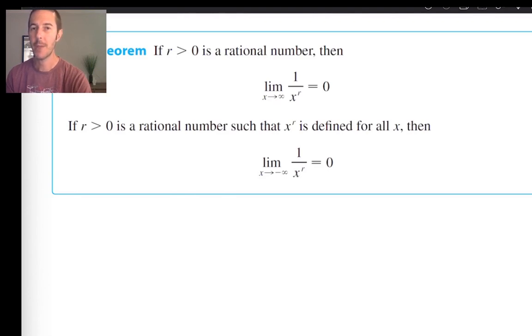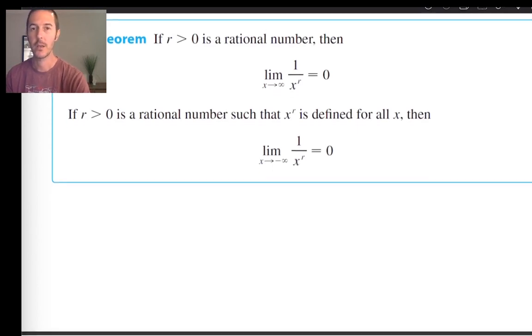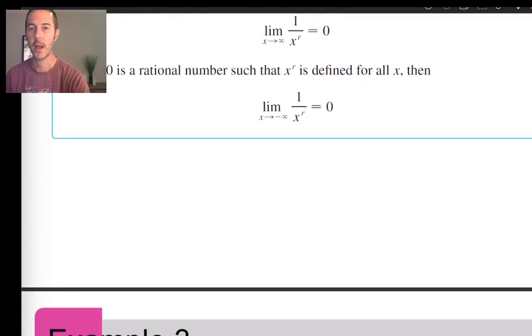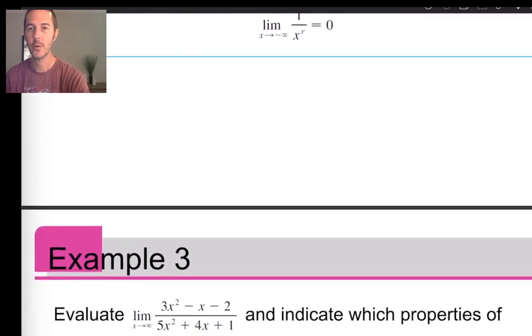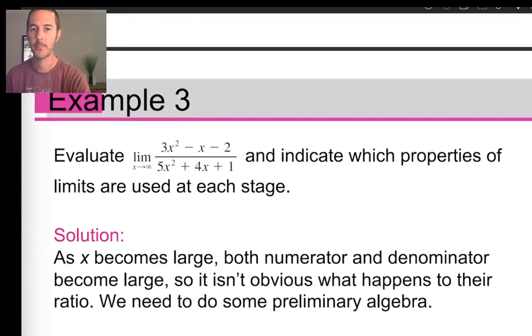A number like pi, however, while the decimal goes on forever, there's no repetition in the actual decimal. So pi is considered an irrational number because it cannot be expressed as a fraction. It can be approximated as a fraction, but it cannot actually precisely be represented as a fraction. So again, a rational number is a fractional number.